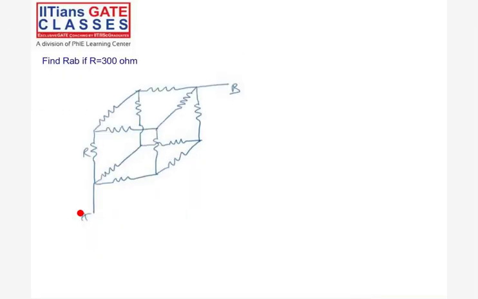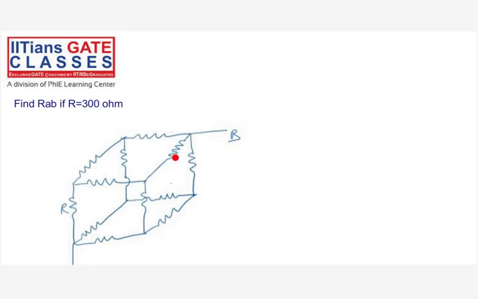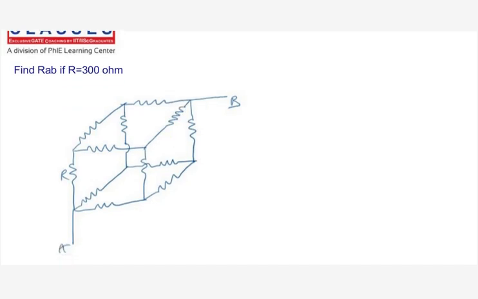For all these types of problems, what we basically do is apply a voltage source V and assume a current of I flowing through it, and we find the V by I ratio. V by I ratio will give you the equivalent resistance between these two. So I'm assuming a supply of V is applied to this, and a current of I is flowing through this.